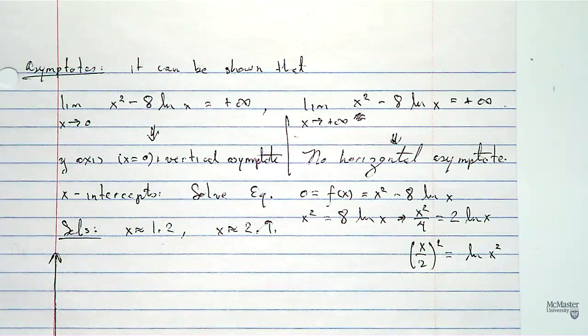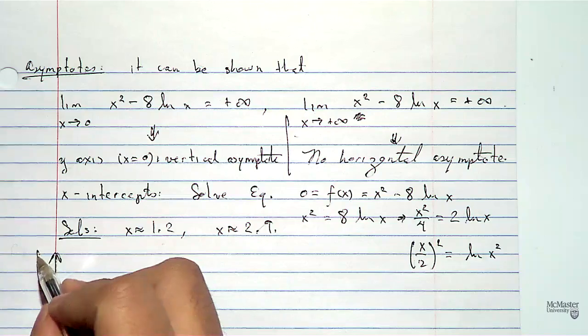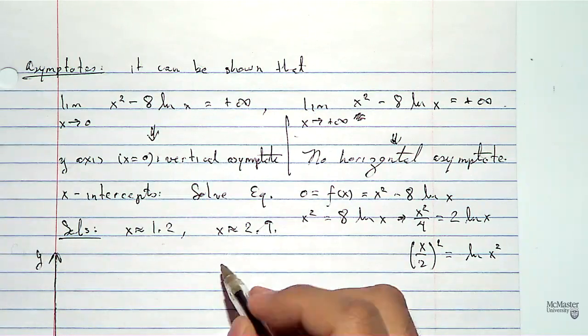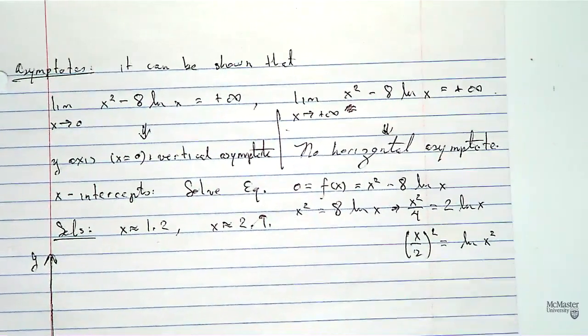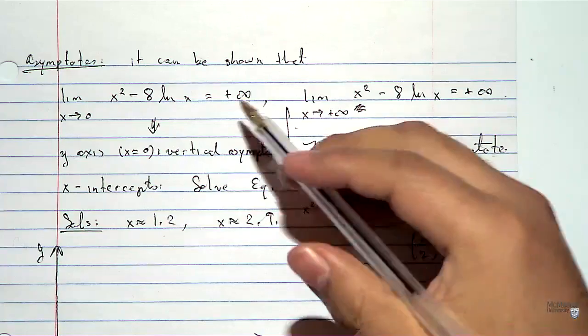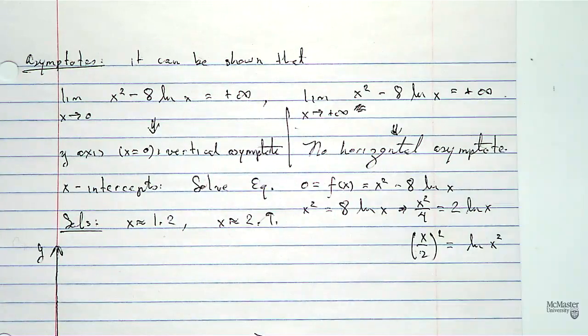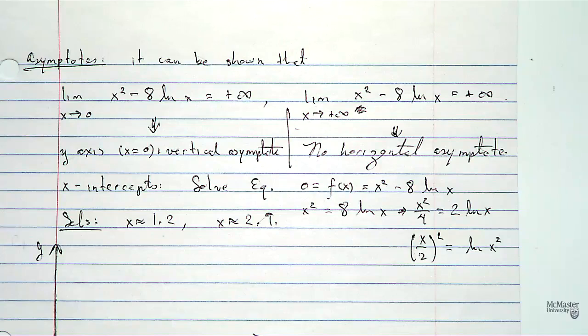And in the plot, we will join all the info that we have, right? So this is the y-axis, this is the x-axis. We're going to plot the function f of x equal x squared minus 8 natural log of x. If you remember, when I approach 0, I go to infinity, right? Actually, maybe it would be useful to present the other piece of information that I had before.